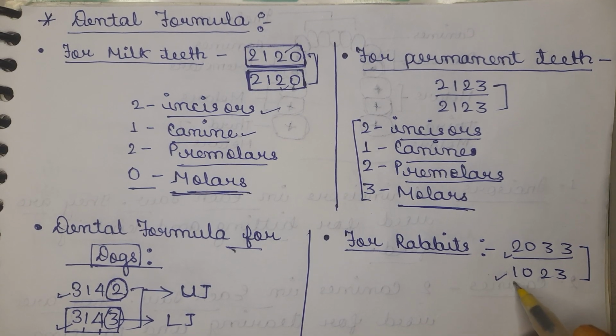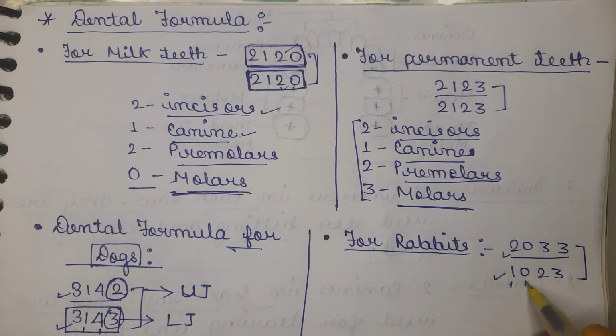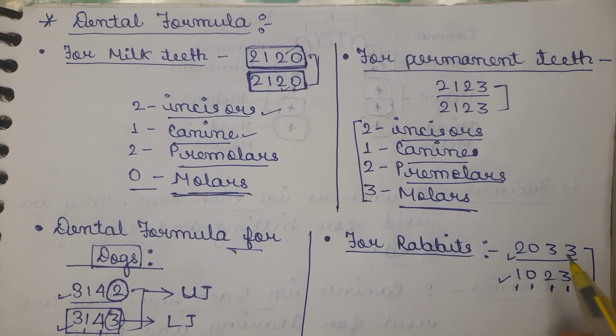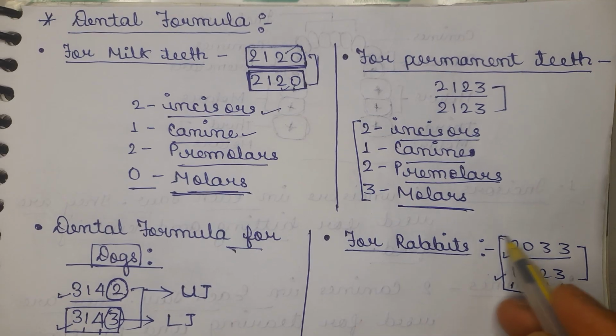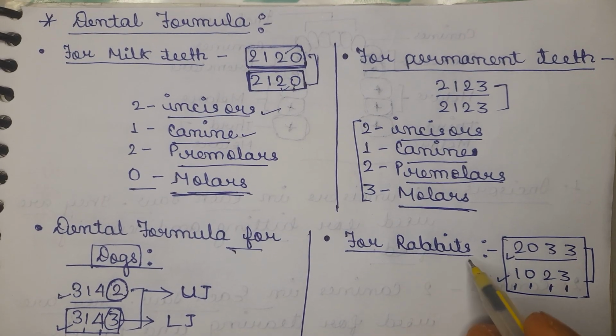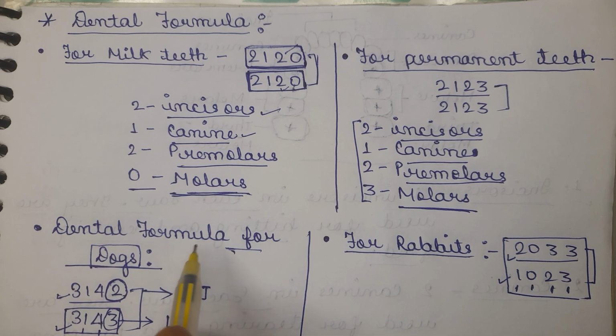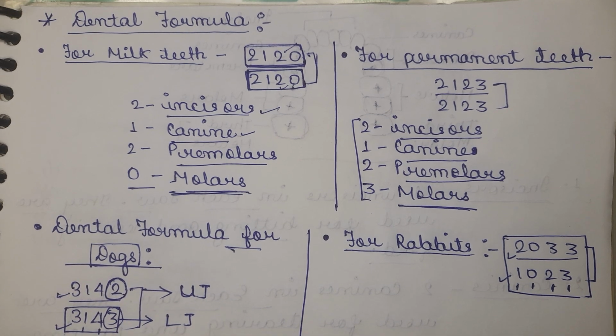In the lower jaw, 1 incisor, 0 canines, 2 premolars, and 3 molars. So this represents the teeth set of the rabbits, and the earlier formula represents the dental formula for the dogs.